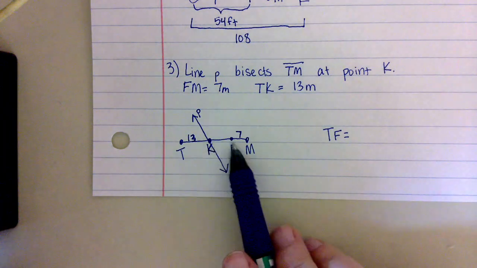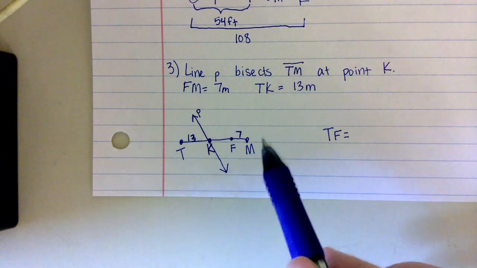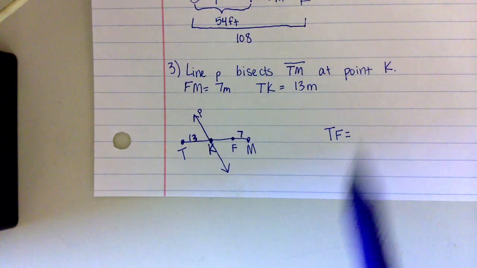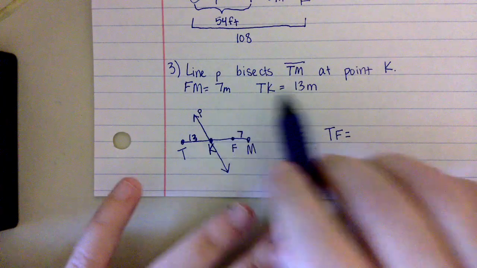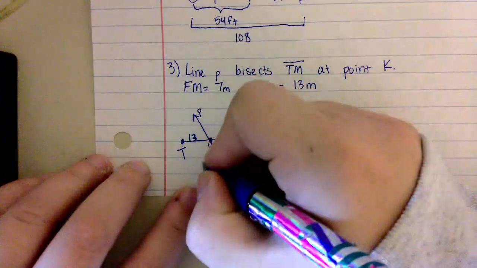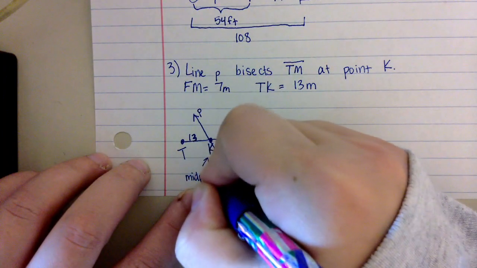We don't know if F is a midpoint. It doesn't tell us that. We can find out shortly, but we don't know that's a midpoint, so we can't just say 7 and 7 and call it good. What we do know is that it bisects, so it cuts it in half. So this K ends up being a midpoint because it cuts it in half.